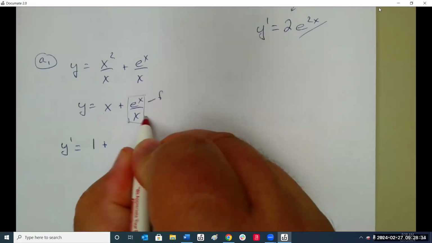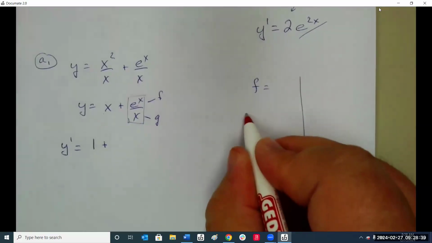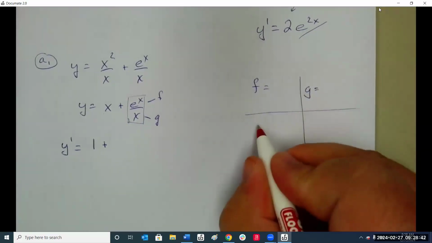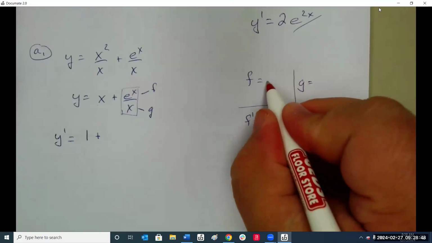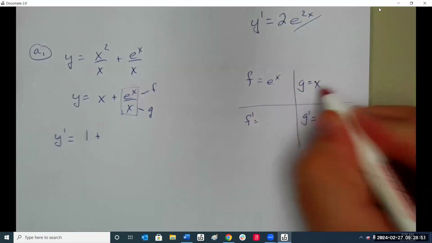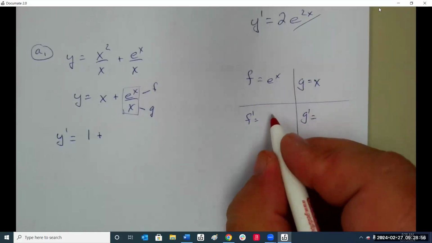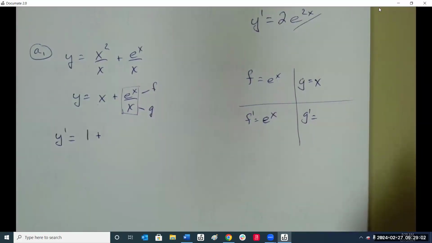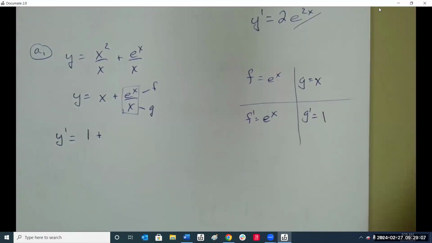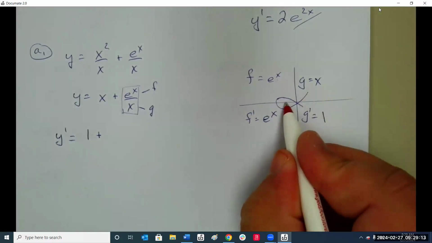The top is f, the bottom is g. So we have e to the x, x. What's the derivative of e to the x? e to the x. The derivative of x is 1. Do the fishy thingy. Is it a plus or minus?